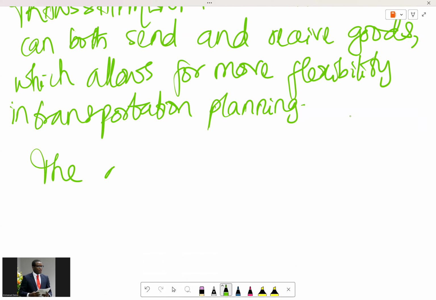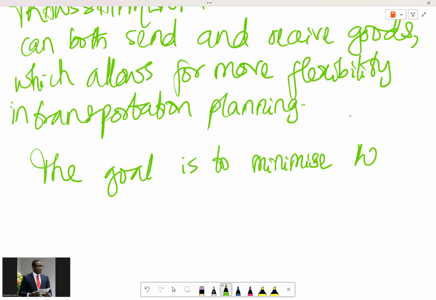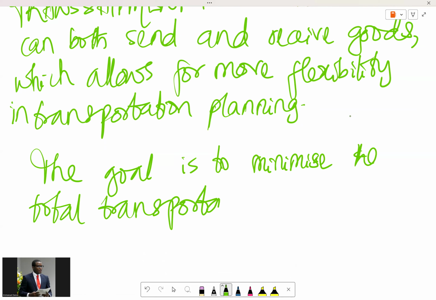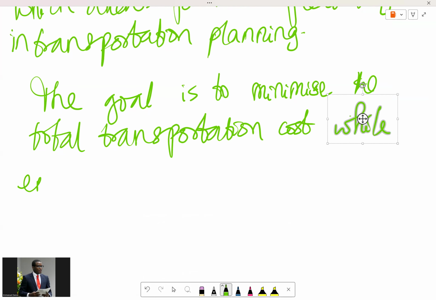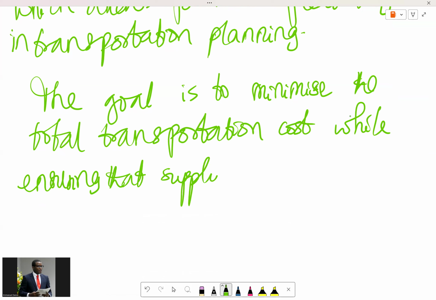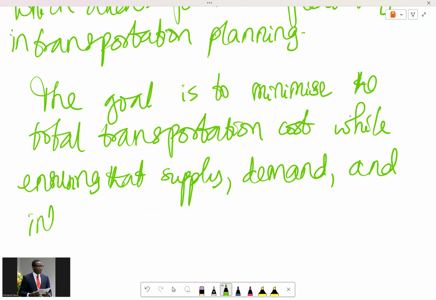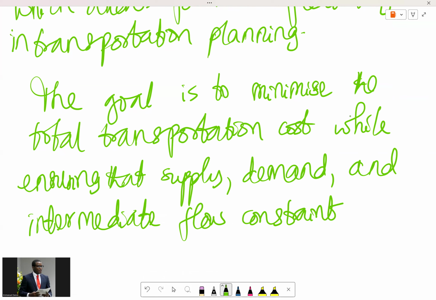So the goal here, just like in the transportation problem, is that we want to minimize the total transportation costs while ensuring that supply, demand, and intermediate flow constraints are satisfied.